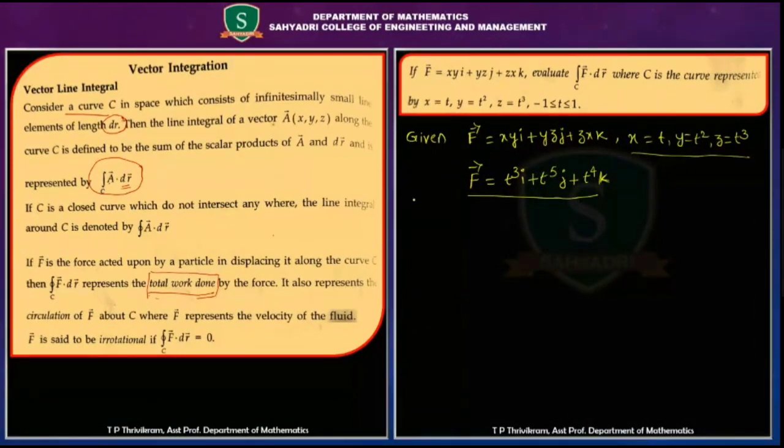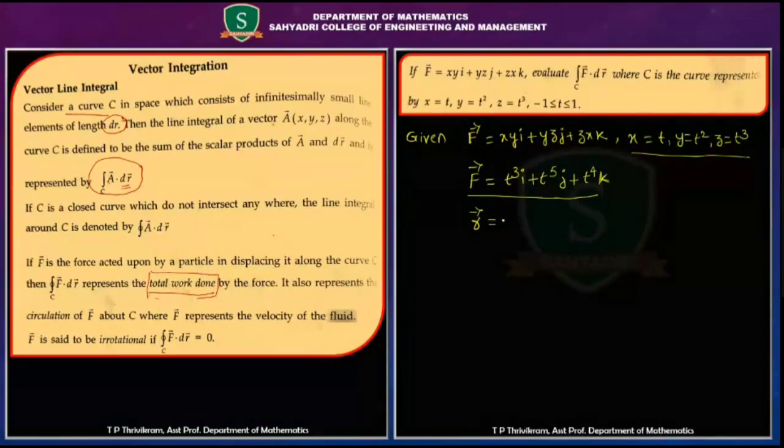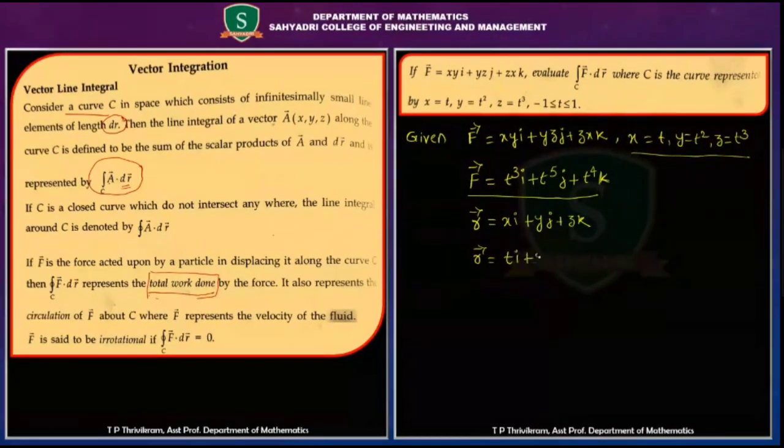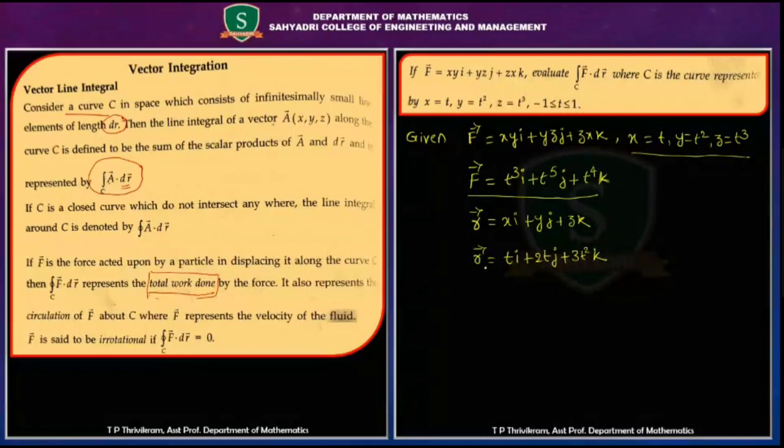Okay. Similarly, I need to find what the dr value is. How will I find the dr value? First I will define r. r is nothing but xi plus yj plus zk. Substitute the variables, x is equal to t, so that means ti plus t square j plus t cube k. Differentiate with respect to t.